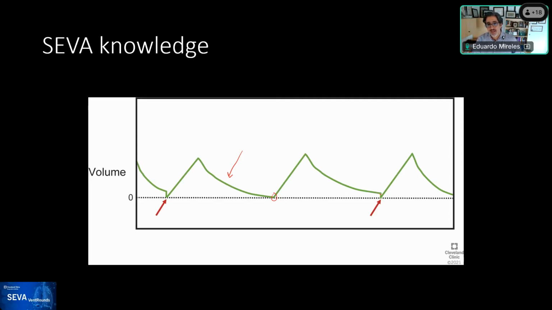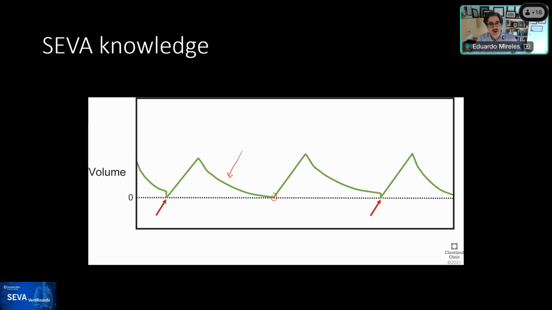If another mechanical breath is started, then it will reset the volume to 0. So you'll see this step decrease, like you see over here with the red arrow.